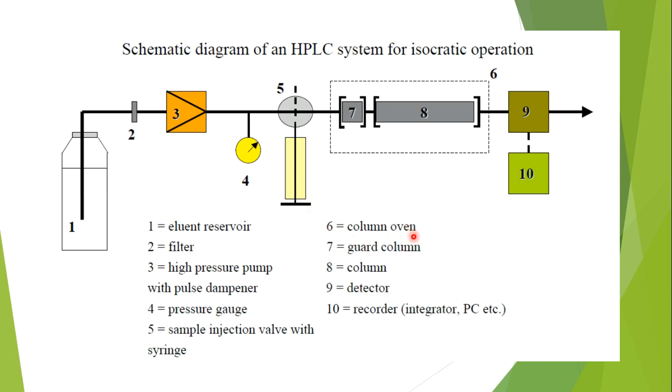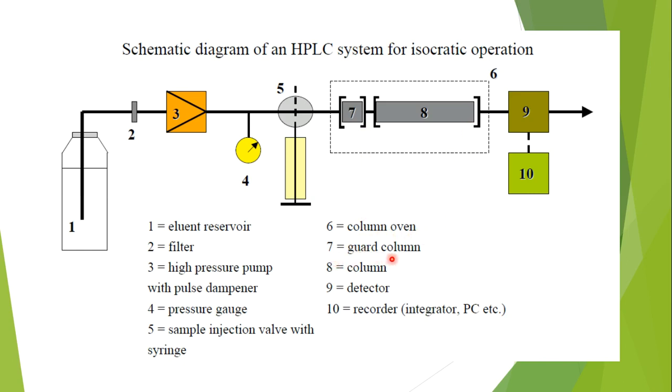Suppose in the HPLC instrument somewhat high temperature is required for a specific type of sample, then an oven assembly could also be used in the HPLC instrument. Generally in the HPLC technique, most of the experiments are done at room temperature, but if high temperature is required, then we can use this oven.